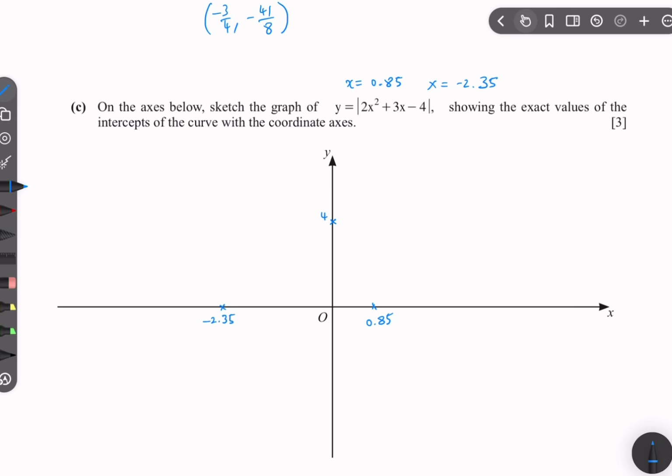And now we can just draw the quadratic graph and reflect the part below the x-axis up to make it above the x-axis. So it should look around like this.